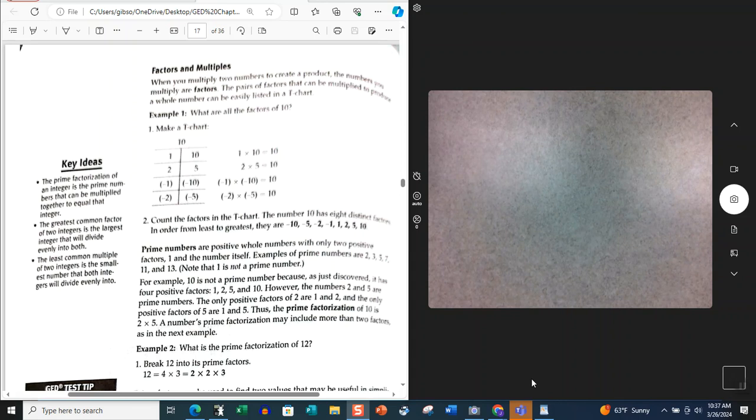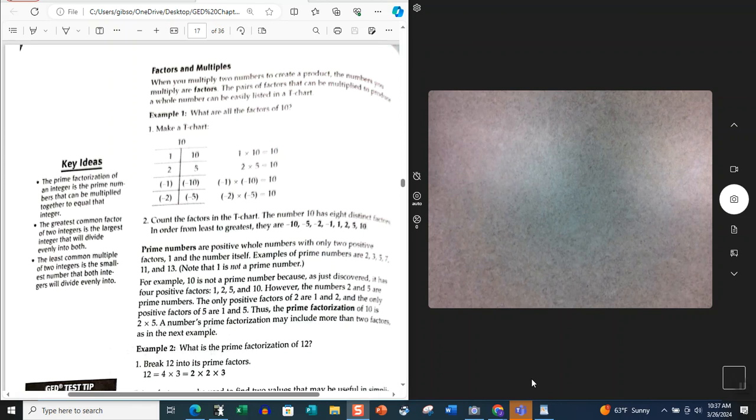Prime numbers are positive whole numbers with only two possible factors, one and the number itself. Examples of prime numbers are 2, 3, 5, 7, 11, and 13. Note that 1 is not a prime number. For example, 10 is not a prime number because, as just discovered, it has 4 positive factors, 1, 2, 5, and 10.